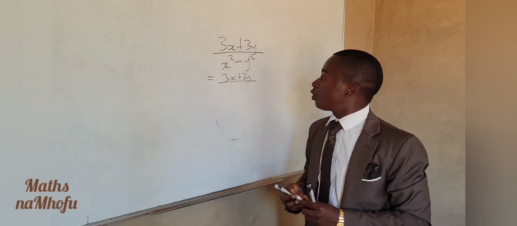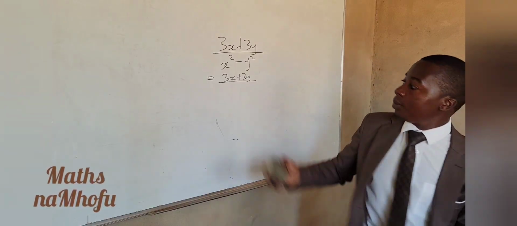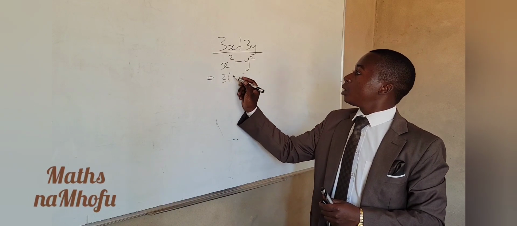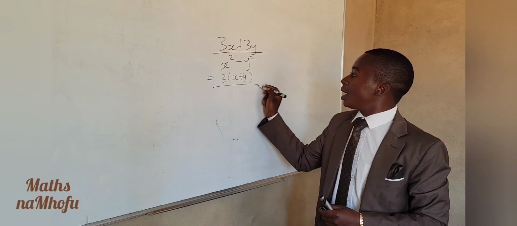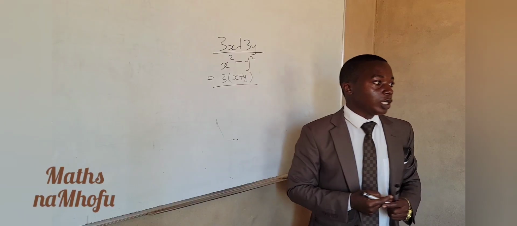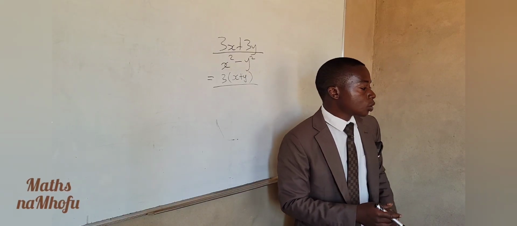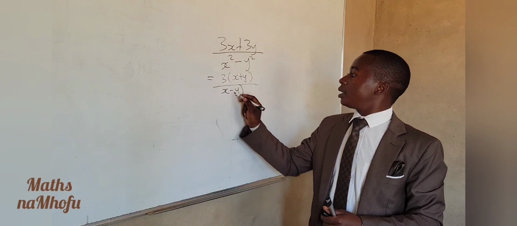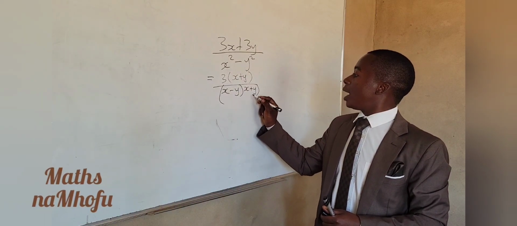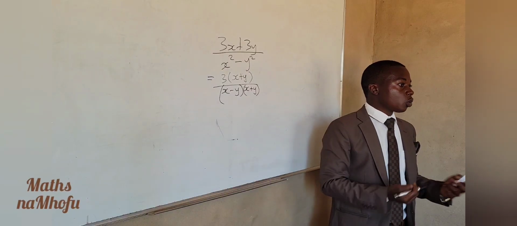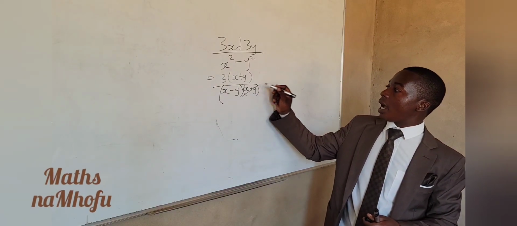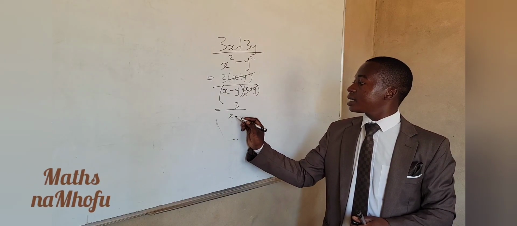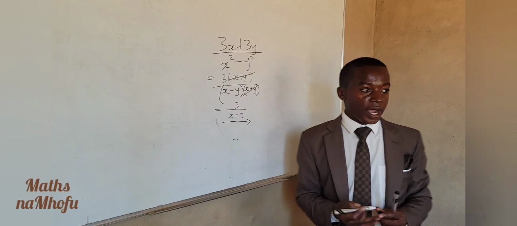Since this is a difference of 2 squares, we can also simplify the top part. We factor out 3 on top, so 3(x + y). Then down we have the difference of 2 squares, which gives (x - y)(x + y). x plus y or x minus y times x plus y is one and the same thing. So this cancels that, and our final answer would be 3 over x minus y.